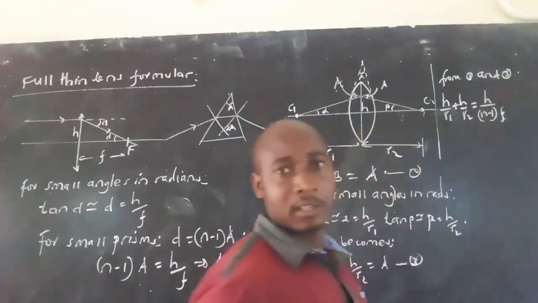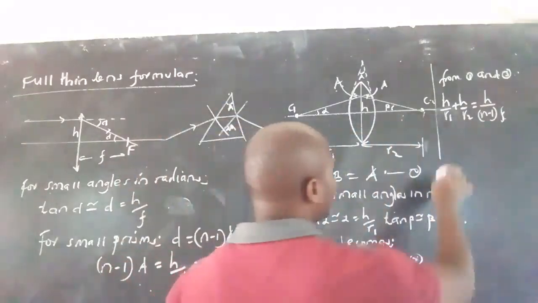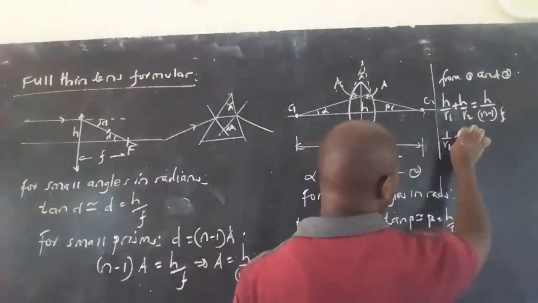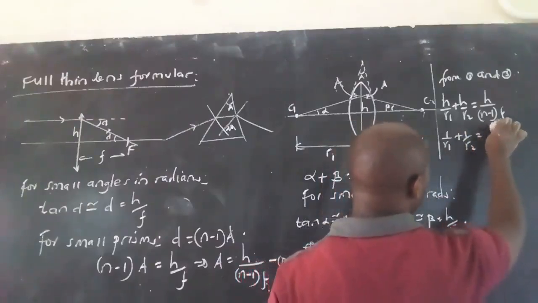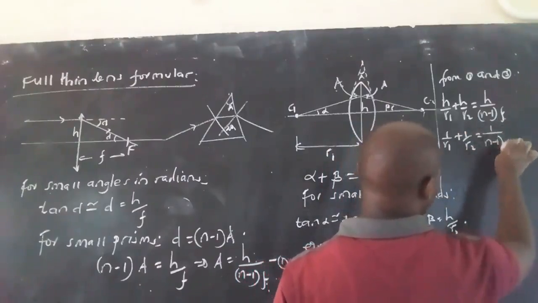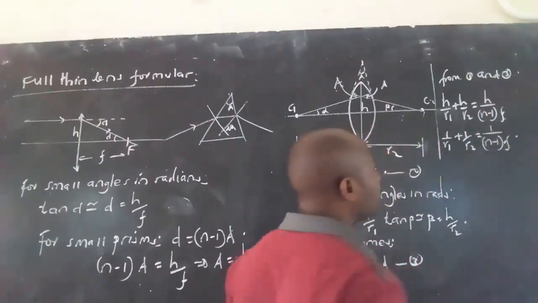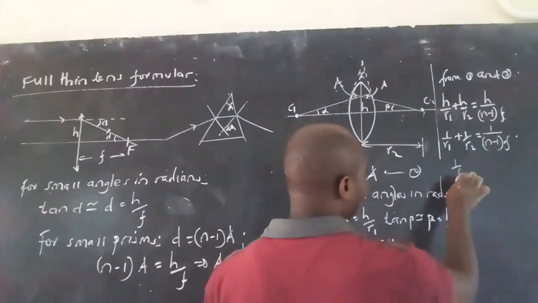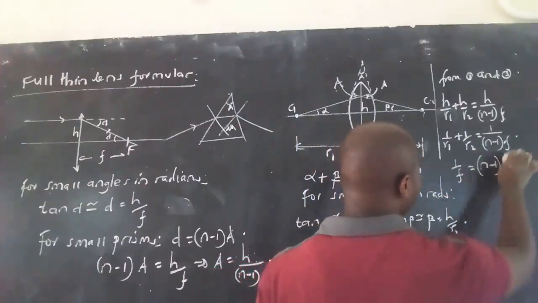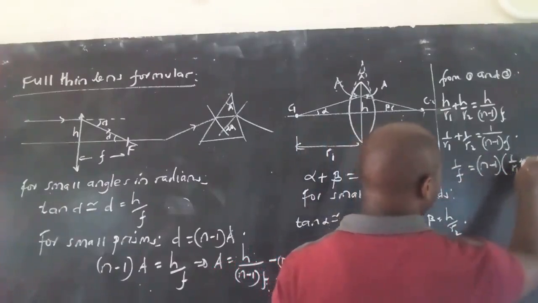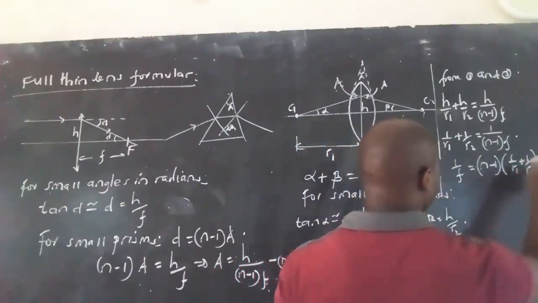So h will cancel. So when h cancels, we shall have 1 over r1 plus 1 over r2 is equal to 1 over n minus 1 f. So 1 over f becomes n minus 1 with 1 over r1 plus 1 over r2.